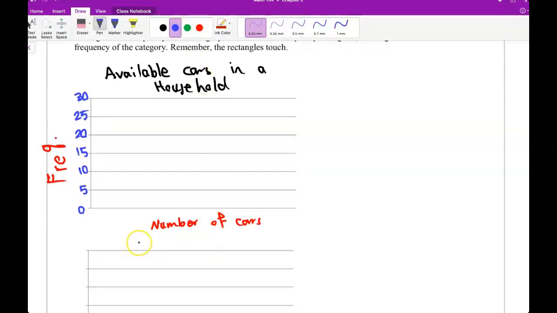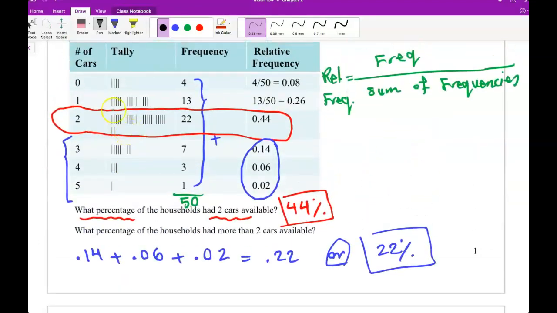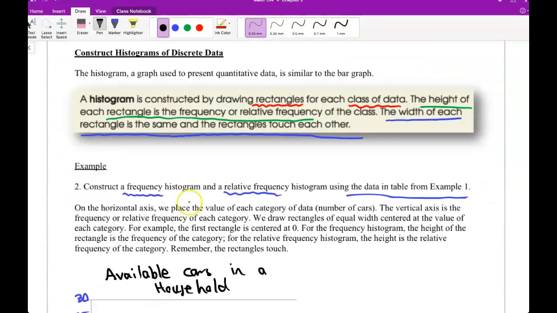Number of cars, we had 0, 1, 2, 3, 4, 5 cars. Okay, so here for 0 cars, frequency was 4.